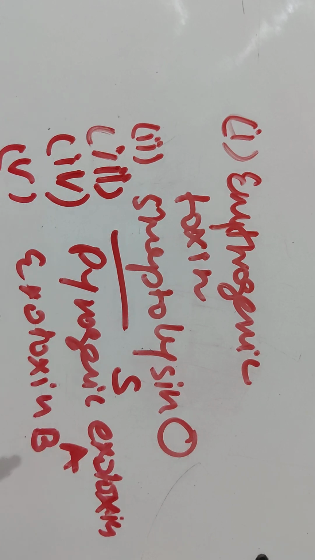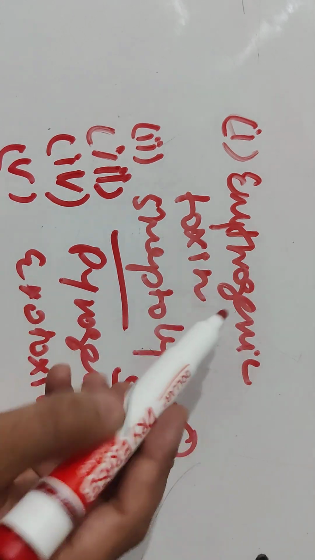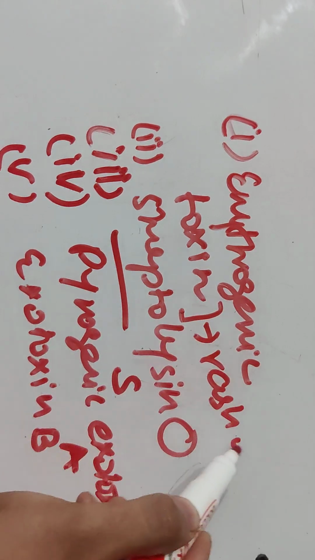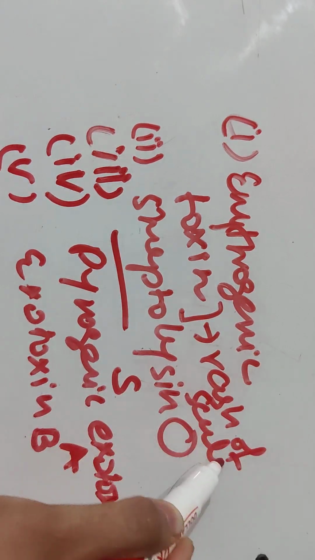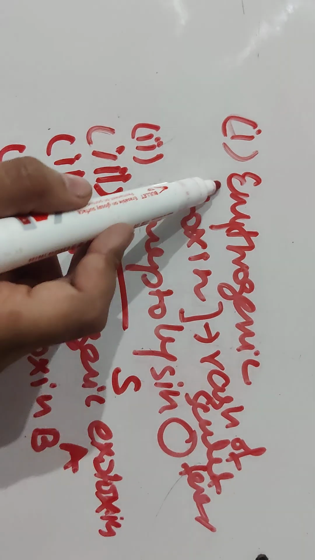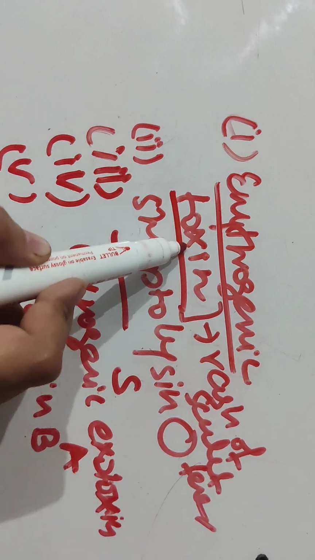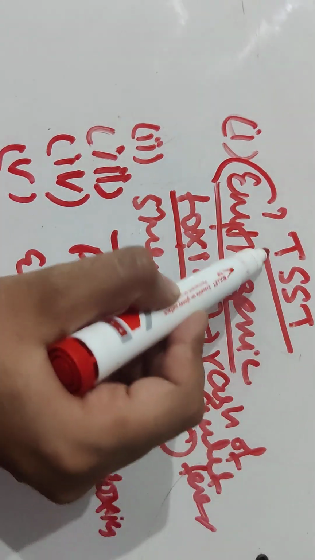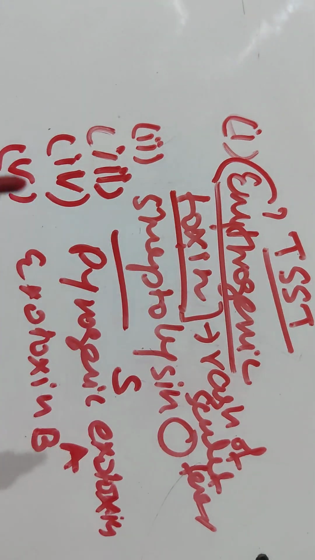Erythrogenic toxin causes the rash of scarlet fever. Its mechanism of action is the same as that of the toxic shock syndrome toxin of Staphylococcus aureus.